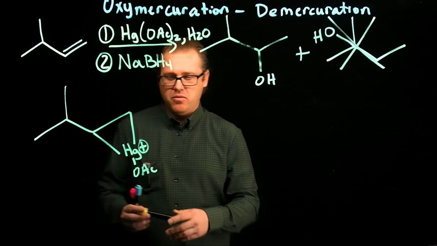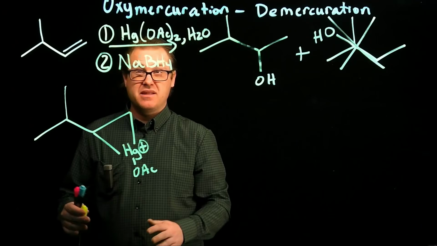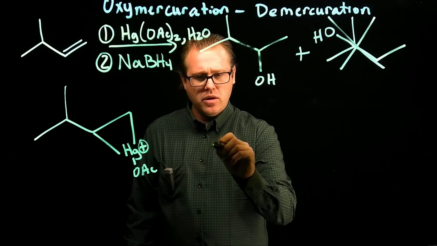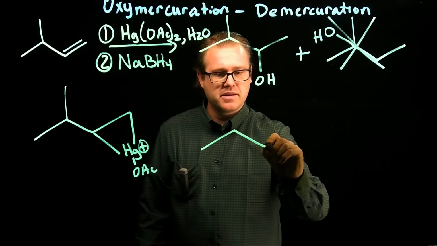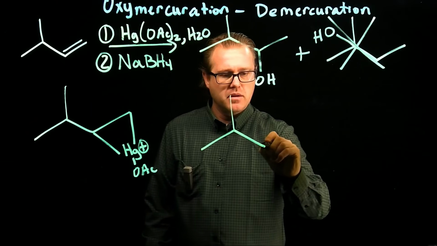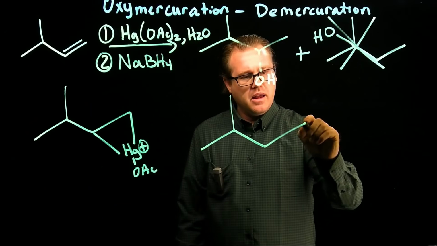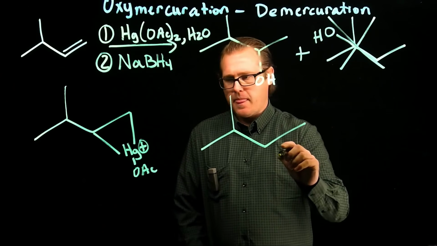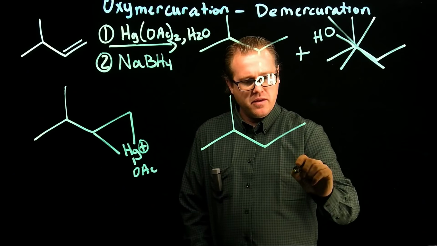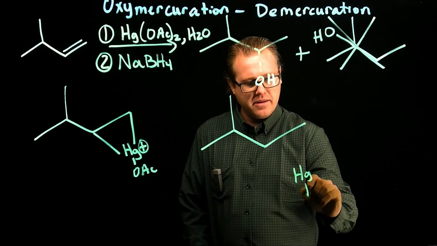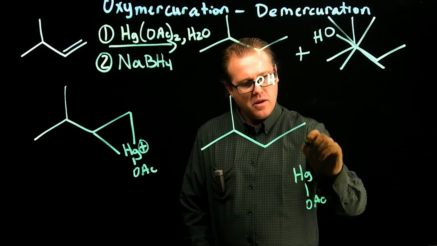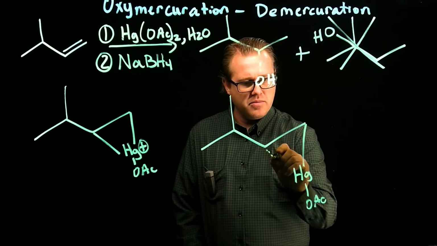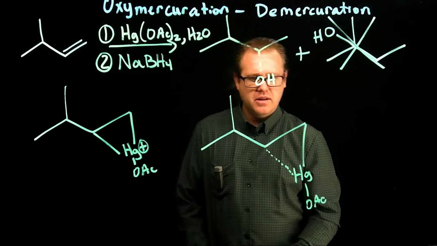But in reality, when mercury has these 3 bonds, it's very, very unstable. And it more looks like this. Let's look at 2 options here, okay? We could have mercury that looks more like this, where it's a solid bond there and a dotted bond there.